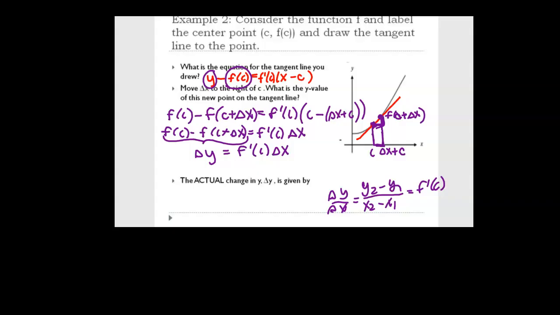Differentials, equations of tangent lines, and calc ultimately led us to slope. So the actual change in y, delta y, is forever now going to be given by f prime of c times dx, or delta x, sorry, not dy.